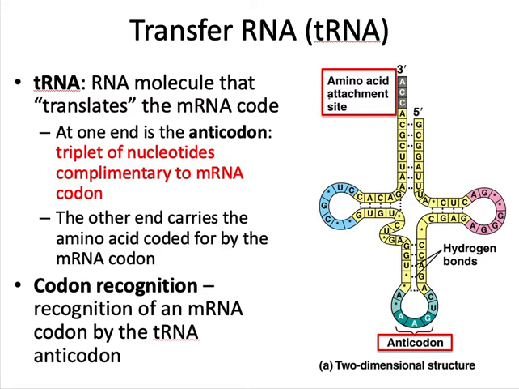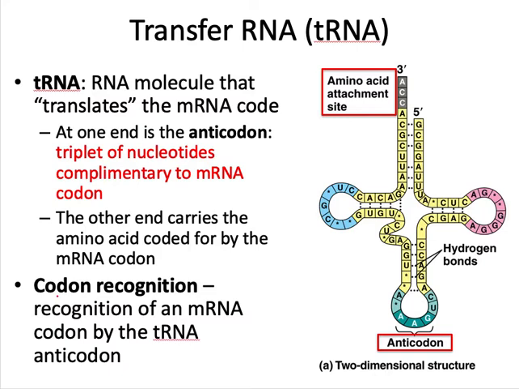The anticodon is a triplet of nucleotides that is complementary to the messenger RNA codon, and on the other end is where the amino acid is attached. Codon recognition, so now we are on page 79 in our course packs.